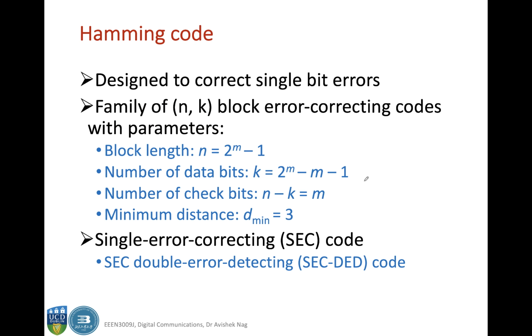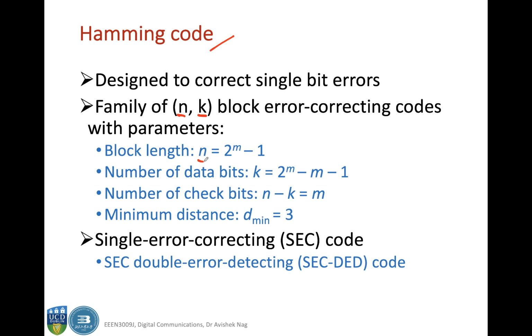So to actually handle the situation that you saw before, your code words should be very efficient. The efficiency of a code depends on these parameters of n and k. One family of codes are called Hamming codes. These are basically block error correcting codes with these parameters.